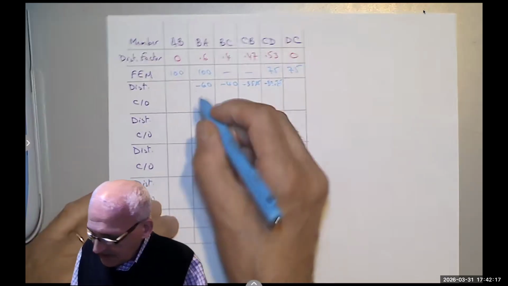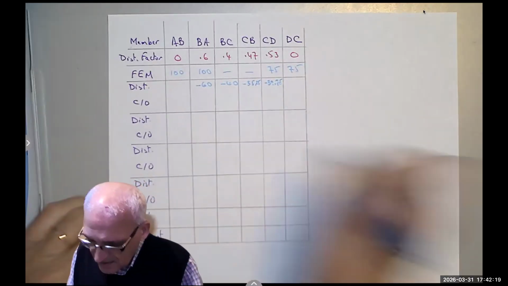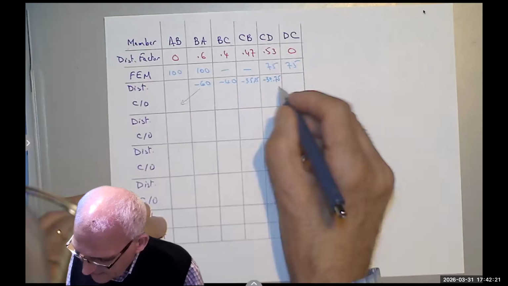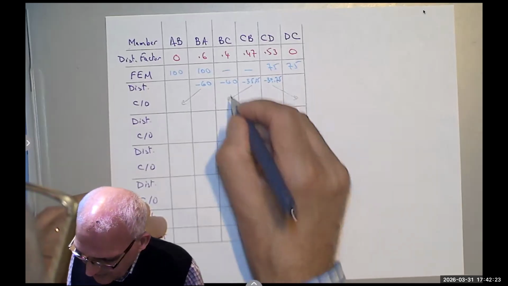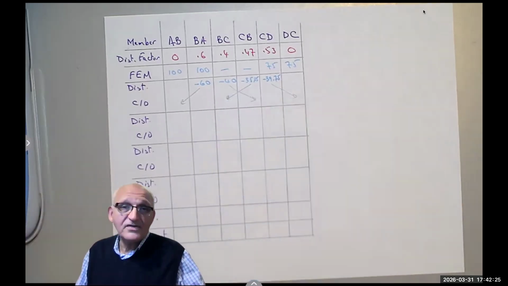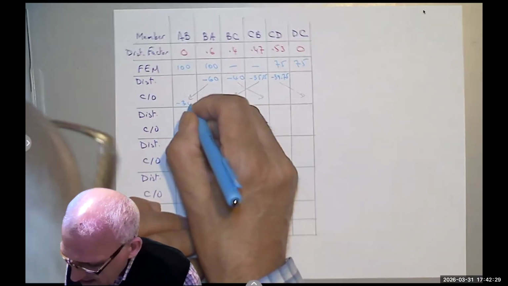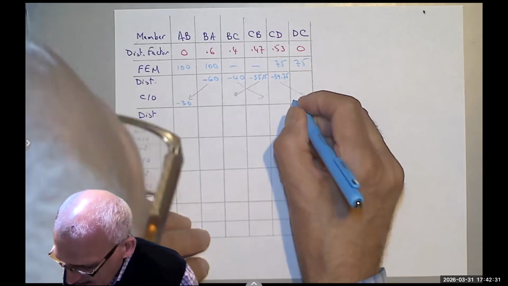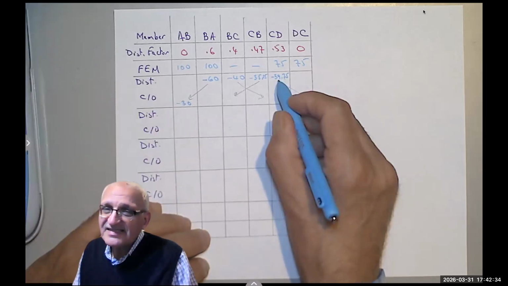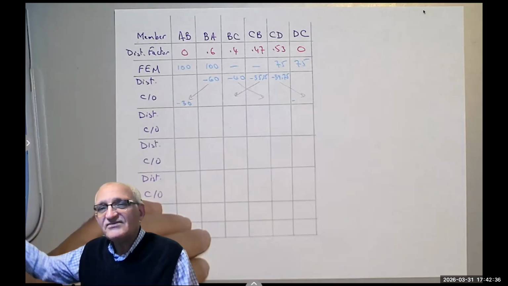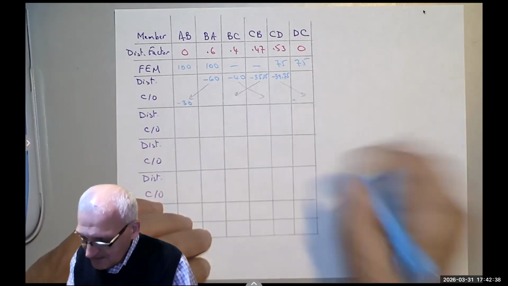Now, notice, I have a carry over here, a carry over there, a carry over here, and a carry over there. So all four of them. This would be negative 30. That would be, let's say, negative 20. In fact, it's negative 19.875. I don't know.